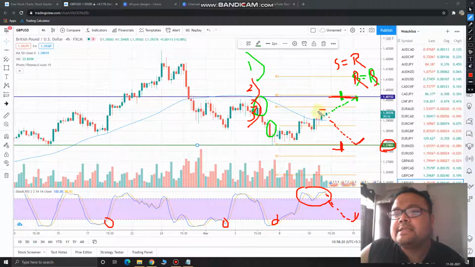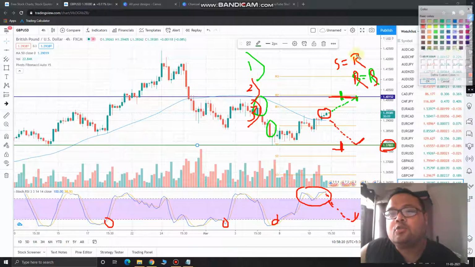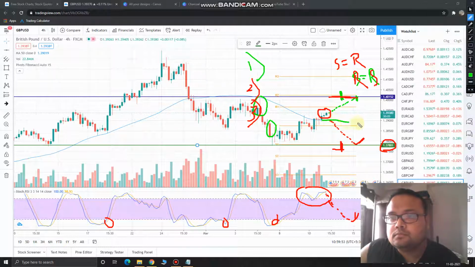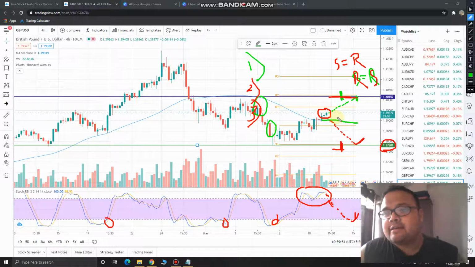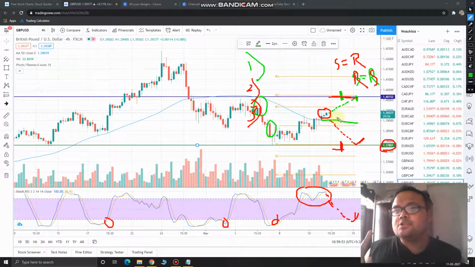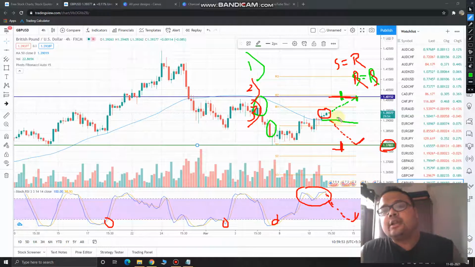If you see that price is trading above the 50 moving average, or near the 50 moving average, then you can go for a buy.